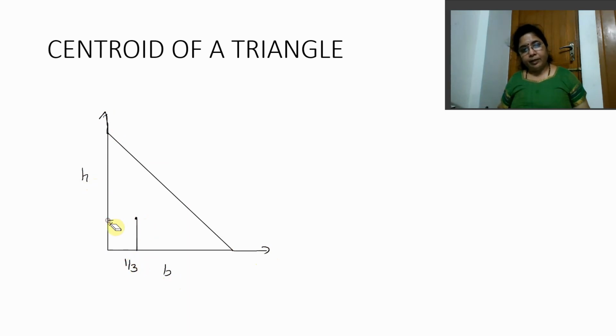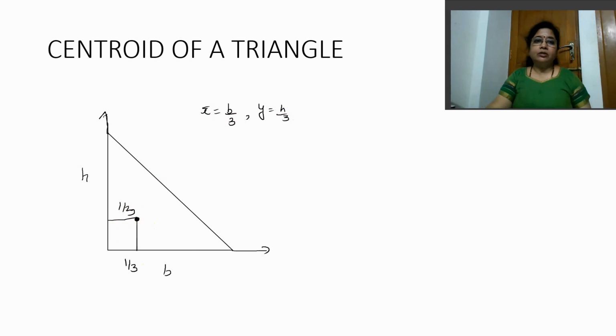And if I drop a perpendicular to the h, that is also going to cut at 1/3 of it. So this centroid will cut the base at 1/3 and the height at 1/3, which would mean my x coordinate is going to be b by 3 and my y coordinate is going to be h by 3. Is it always the case with triangles?